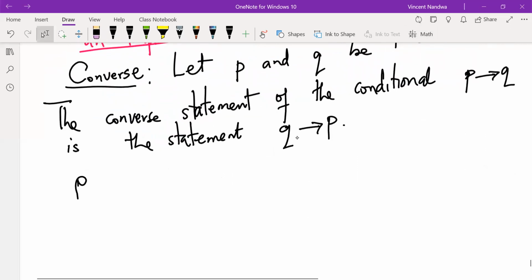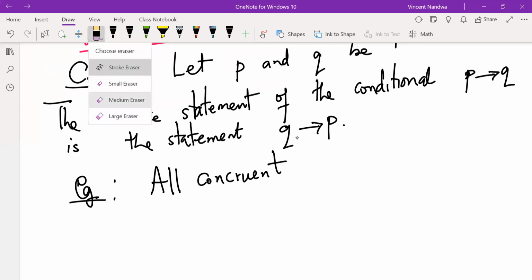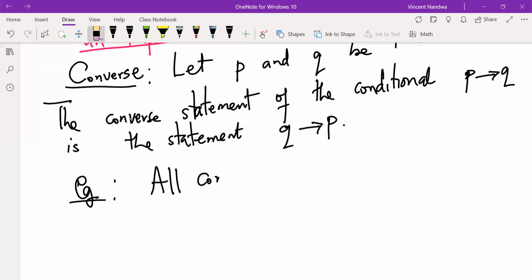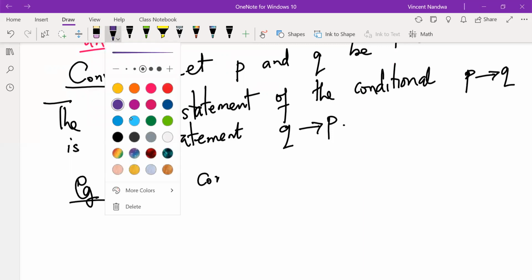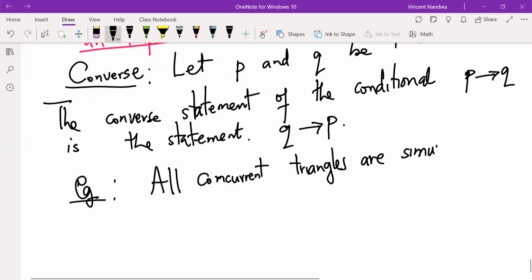E.g., if we have the statement: all congruent triangles are similar.